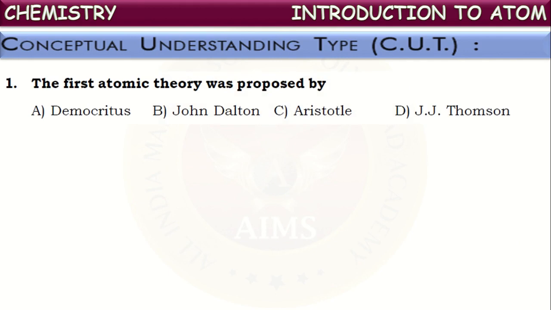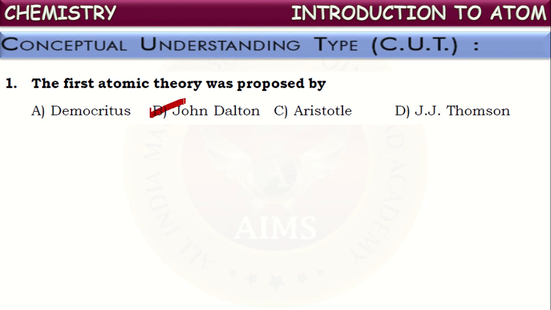The first atomic theory was proposed by. Who was the scientist who proposed this atomic theory for the first time to explain the nature of atoms and the fundamental particle of every matter? He was John Dalton.